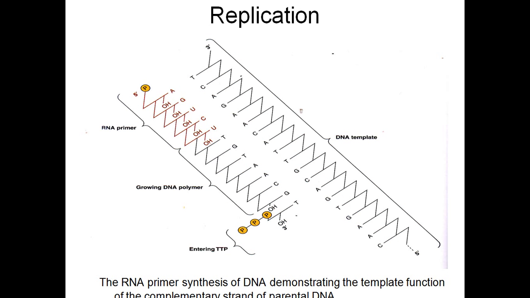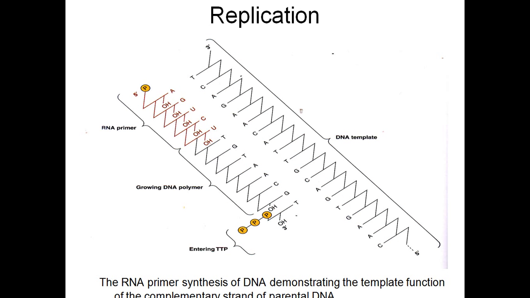So the newly synthesized DNA is always complementary in nature. Complementary means, let's say T is there. T always binds with A, so A. So the information that is present on the template DNA is copied onto the new growing DNA strand during the process of replication.